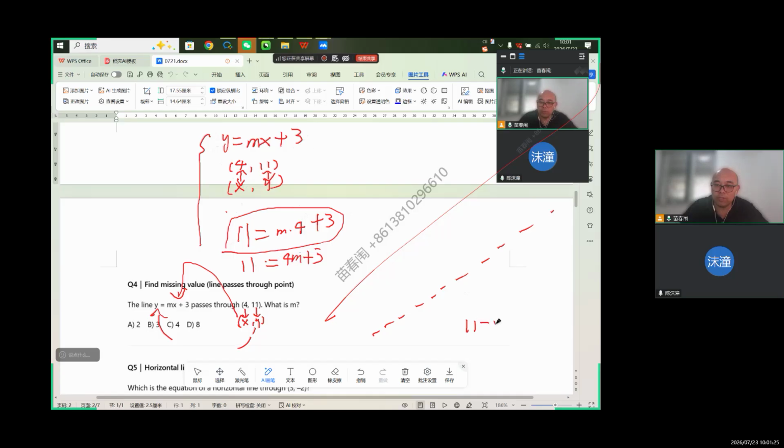How do you want to move stuff? 4m plus 3? I forgot how to move it.